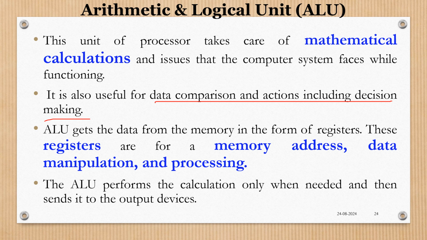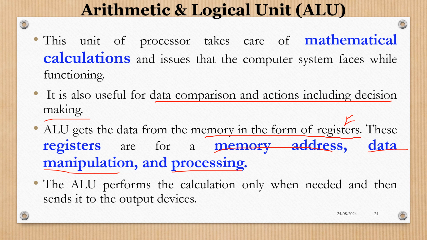So the ALU gets the data from the memory into the registers, as we have already discussed that there are different types of registers in a CPU that are directly accessed by the ALU, because the ALU is not directly accessing the main memory. ALU is accessing the register memory. So the instructions and the data which will be executed next are stored in the registers. These registers keep the memory address, data manipulations and the processing.